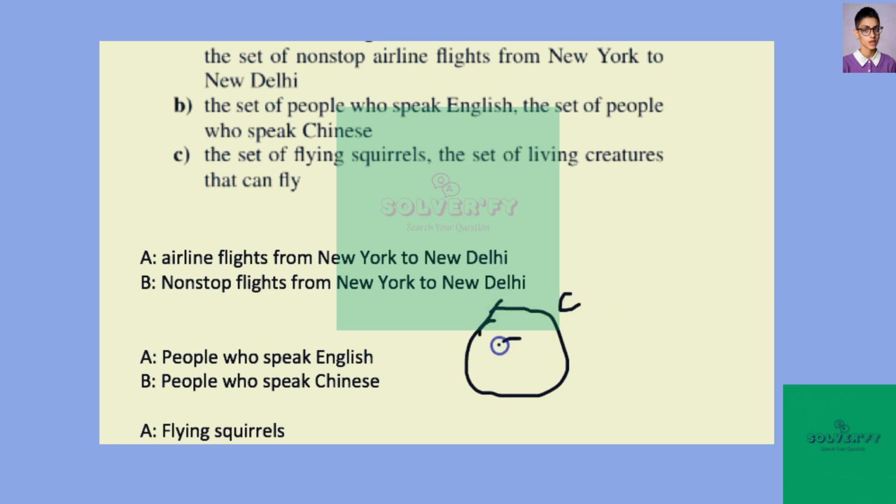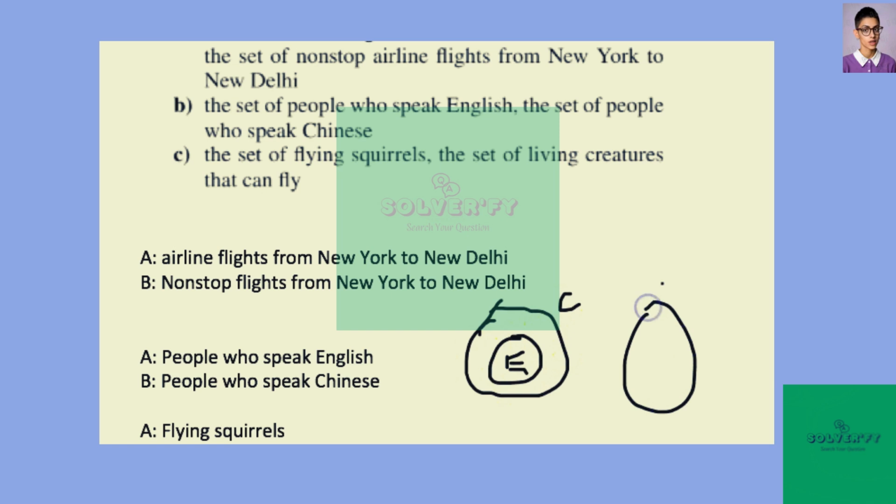And what happens if we put a little subset in here that is English? What would that mean? That would mean that all the people who speak English also speak Chinese, but there are some people out there who only speak Chinese. That would make that so that English is a subset of Chinese.